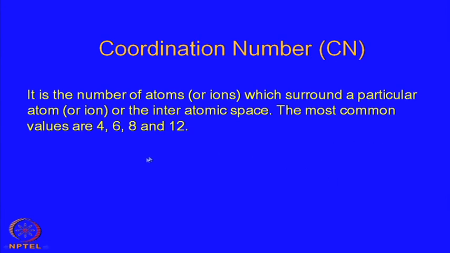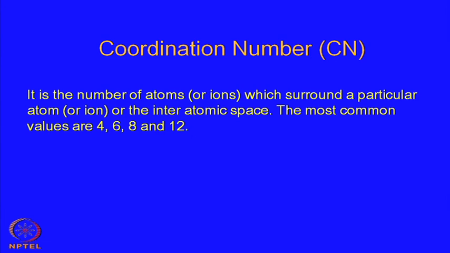The most common values of coordination number are 4, as you have discussed in the case of a tetrahedron. If it is an octahedron, it is 6. In a cubic arrangement, the coordination number is 8, and there may be a situation where the coordination number can also be 12.